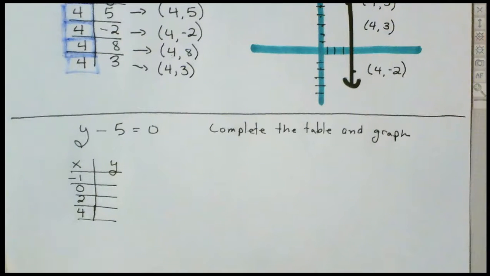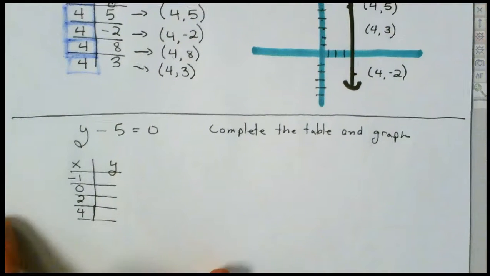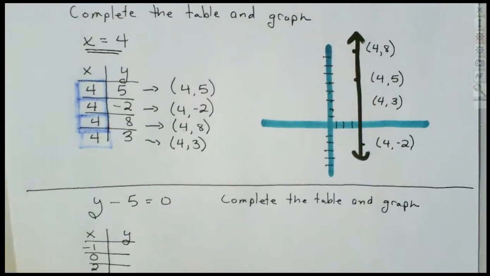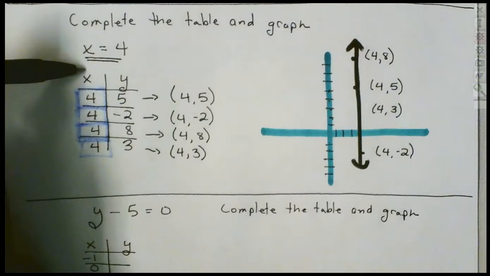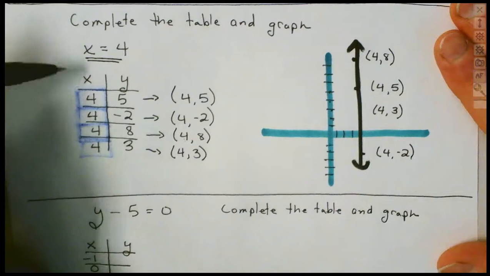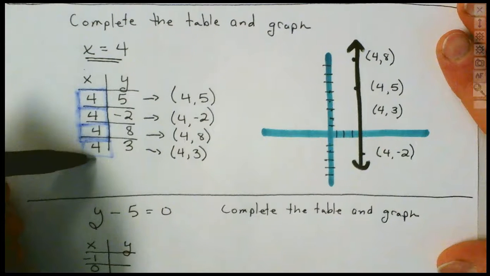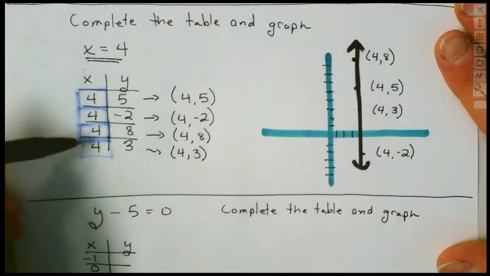Now, when we look at this one, it has not been solved for y. So it's not solved for any variable. The last one that we looked at was already solved for x, right? It was x equals a number. And we knew then that we filled in all the ordered pairs with an x equaling 4.